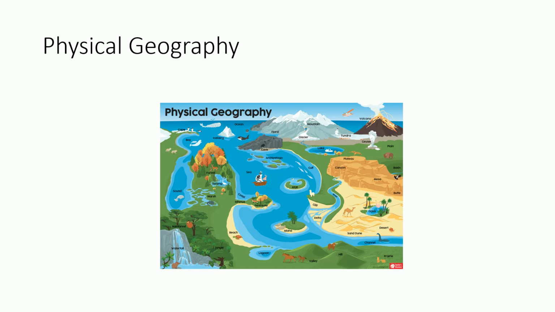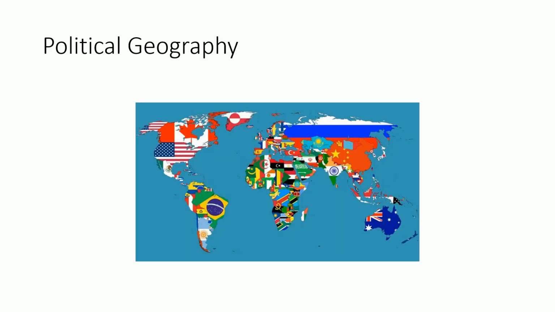So the study of physical geography is the study of the physical, natural things that make up our planet. Next is political geography. Political geography is the study of national borders, national boundaries. It is the study of the spaces that nations define for themselves.